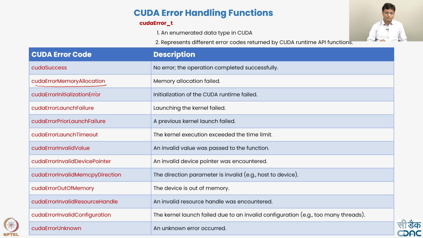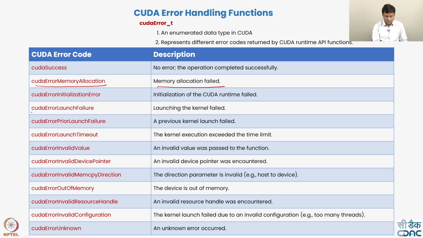By passing this kind of CUDA error code in your program, it can indicate that memory allocation has failed, and because of that your application is not going to execute. The program has compiled, but when you execute it, it does not run successfully.